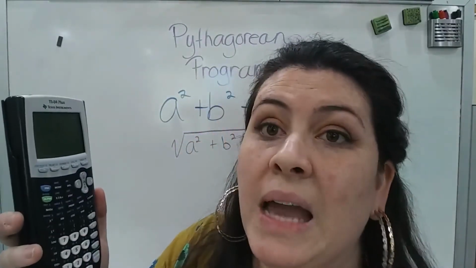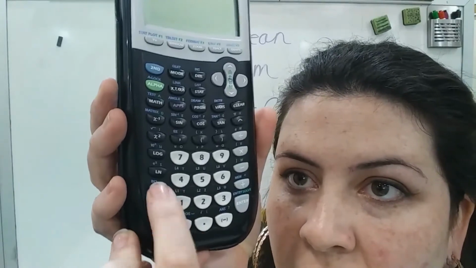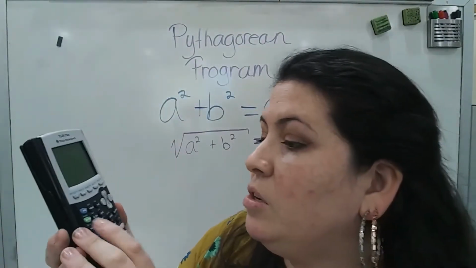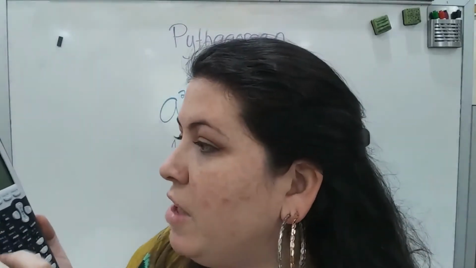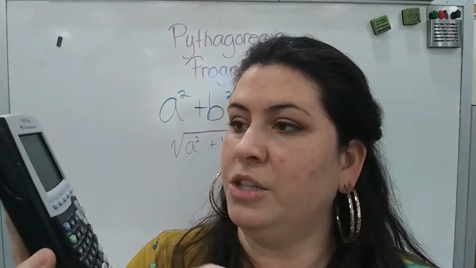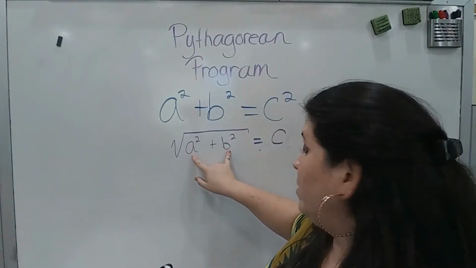I'm going to have it store it as D. We use this button right here, that STO button. Hit it, it'll give it that arrow. Now let's give it a name. We're going to store it as D, so we'll go alpha D. It's going to look like that. We'll hit enter. Now, that's just this portion right here, a squared plus b squared.